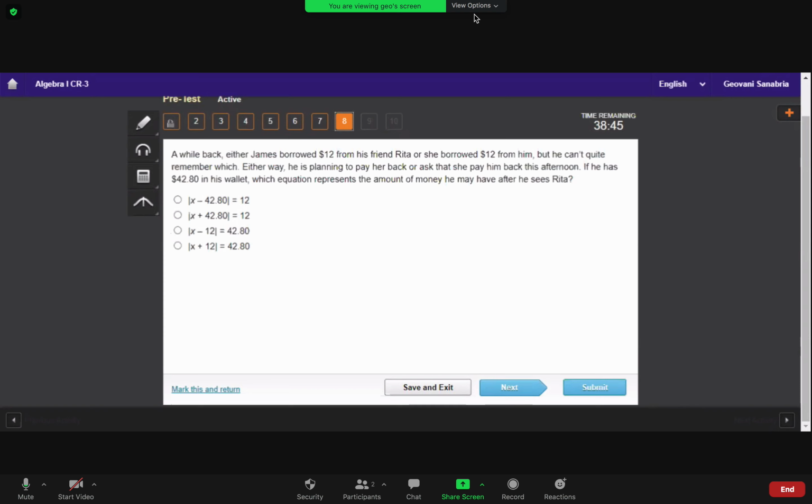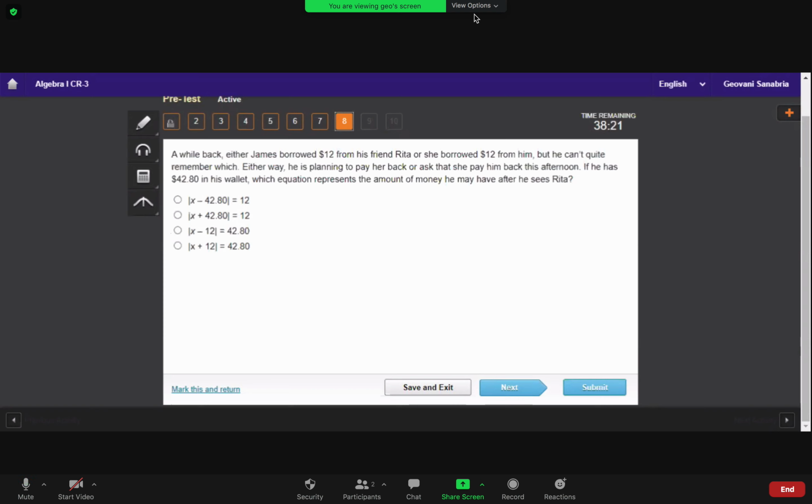This is so stupid. The internet is saying it's the first one. Yeah, that's my guess, just because it has the minus sign.